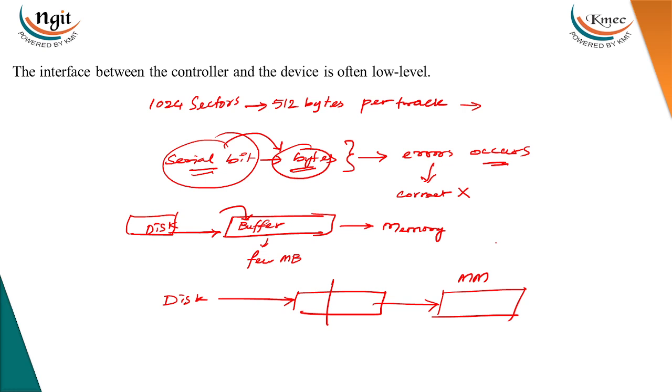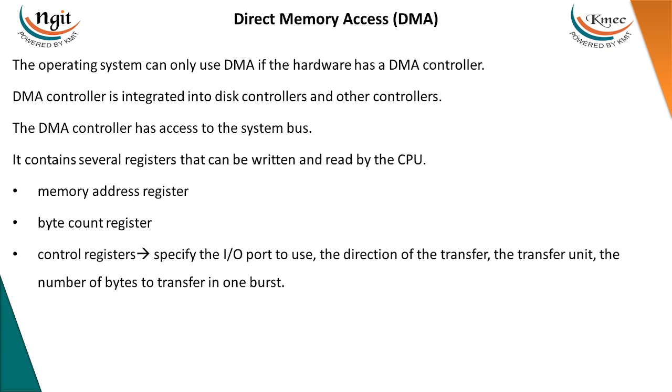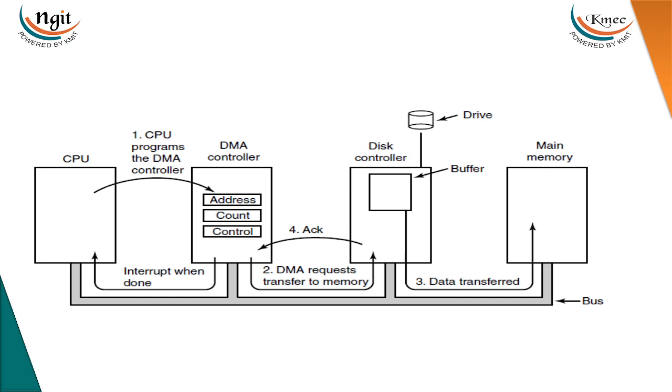Next, direct memory access, DMA. The operating system can use DMA only if the hardware has a DMA controller. I already told you every device will have its own device controller.